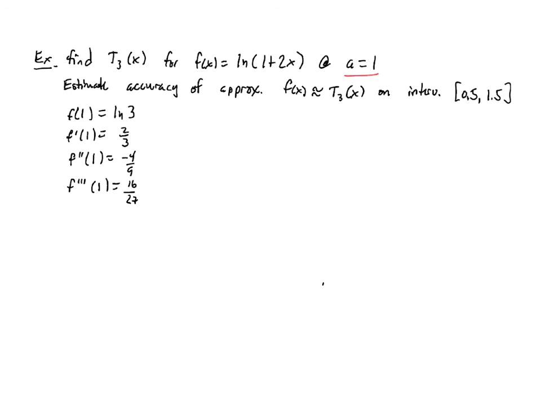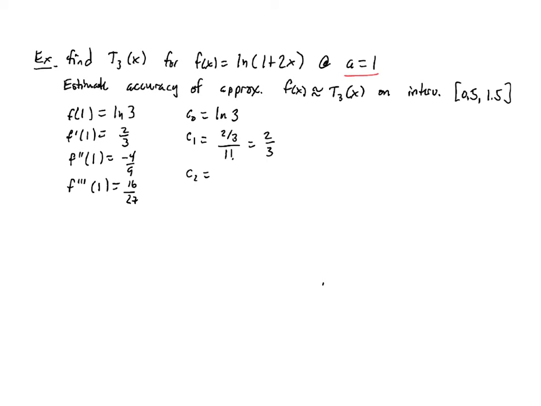So this tells me, remember, that in order to find the coefficients for my Taylor polynomial, I need to take these derivative values and divide by the appropriate factorial. So for C0, I don't do anything, I just take that function value. For C1, I take my derivative value and divide by 1 factorial, so that's just 2/3.